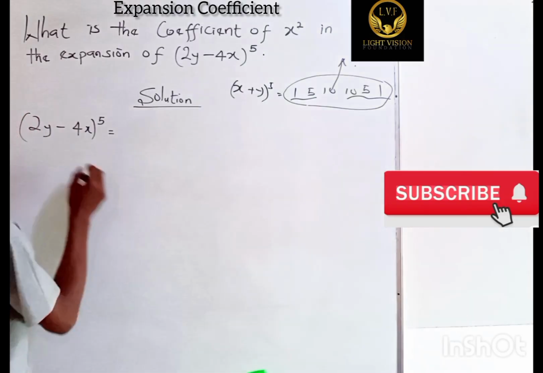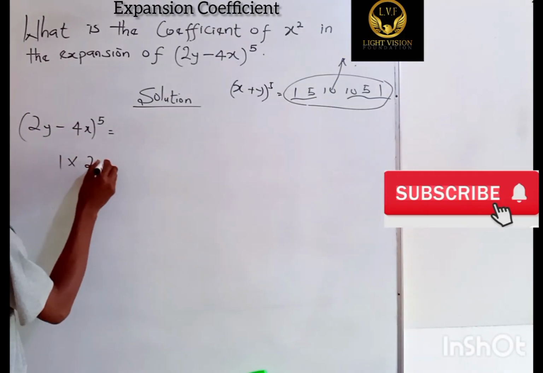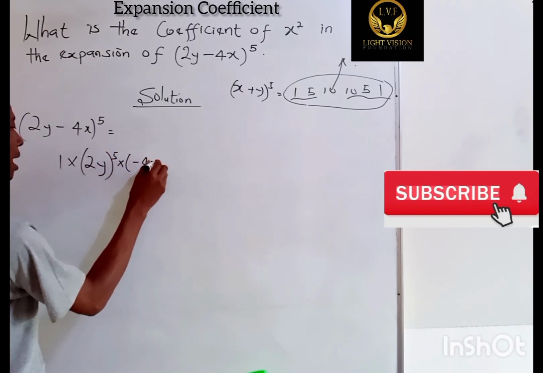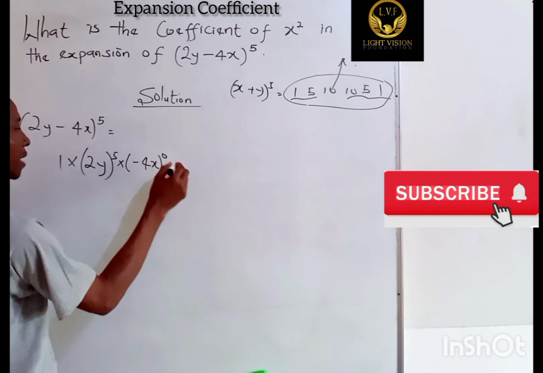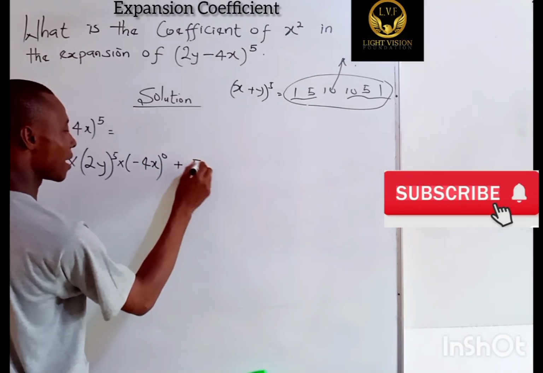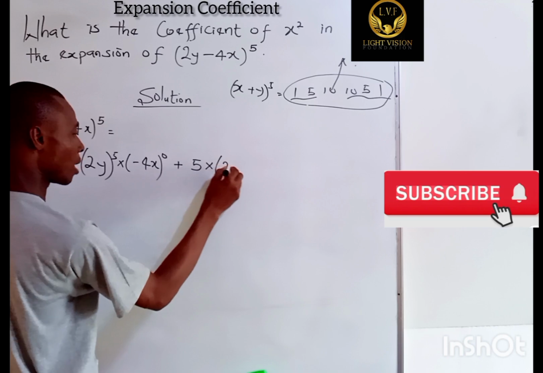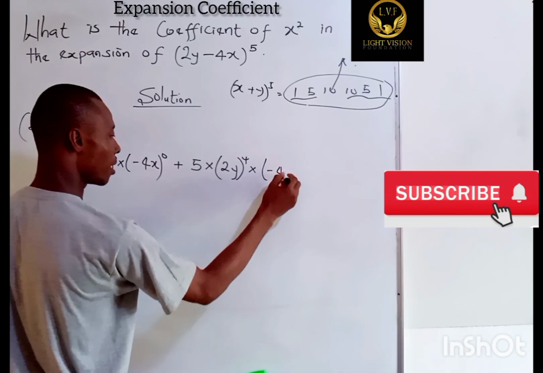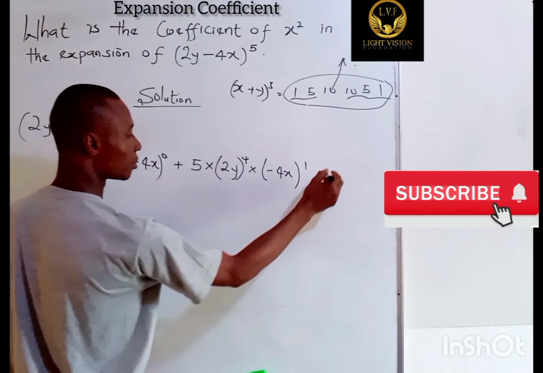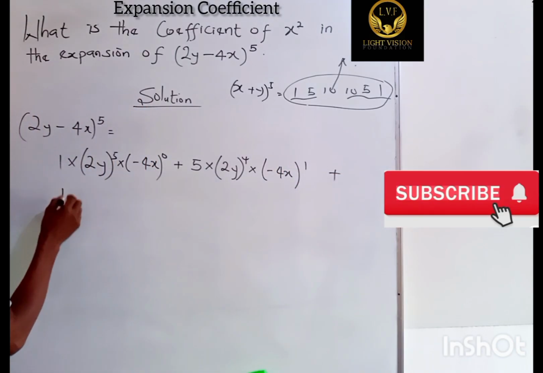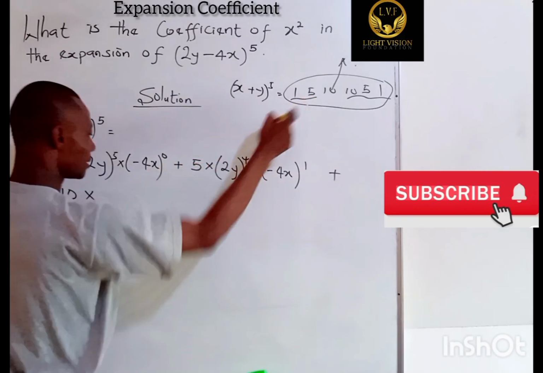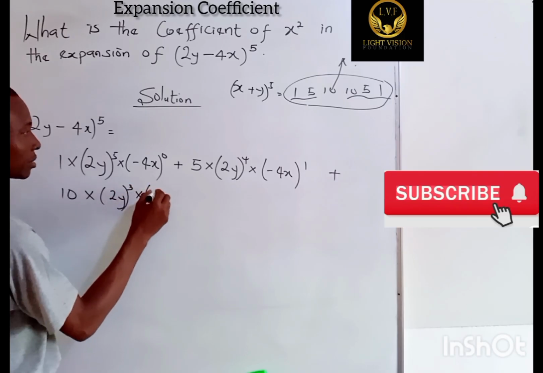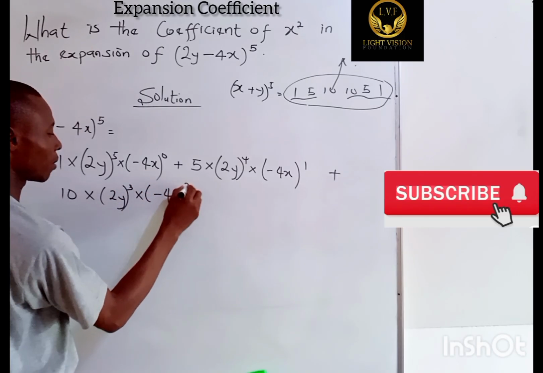So we start: 1 times (2y)^5 times (−4x)^0, plus 5 times (2y)^4 times (−4x)^1, plus 10 times (2y)^3 times (−4x)^2.